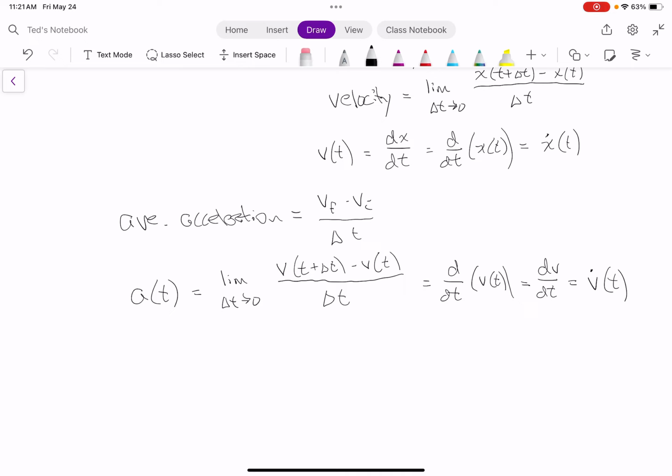And because acceleration is the derivative of velocity and velocity is the derivative of position, that also means that acceleration is equal to the second derivative of position. Or another way of writing that is x double dot, the second derivative of position with respect to time.